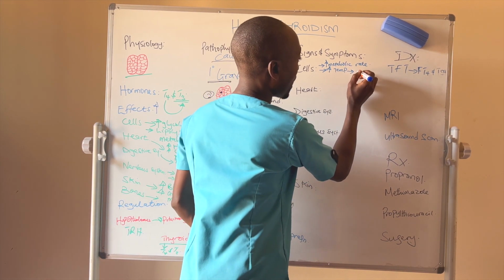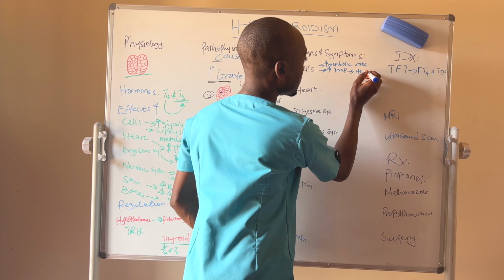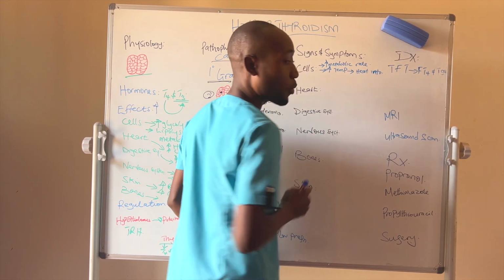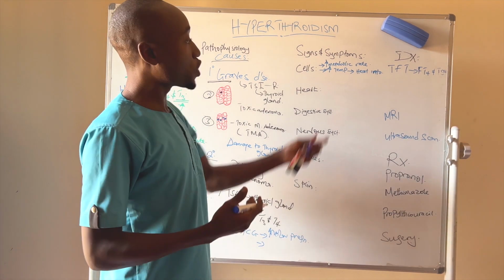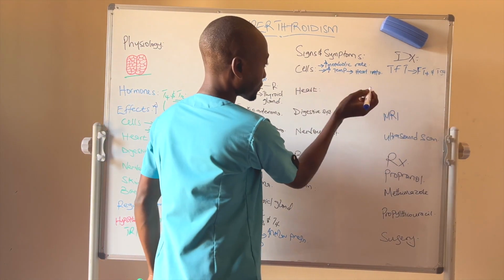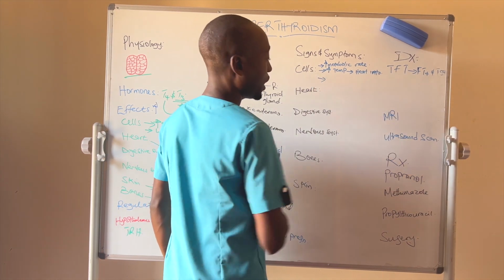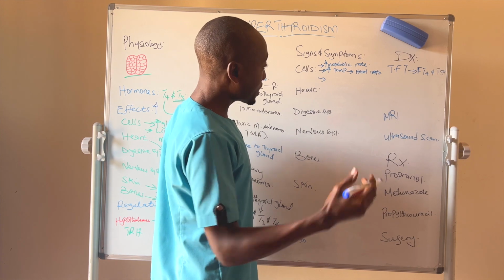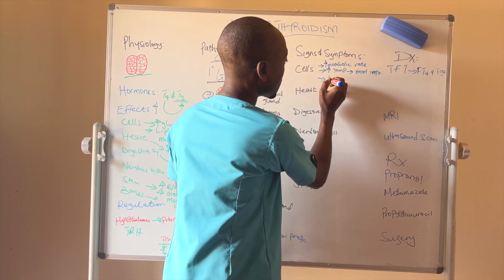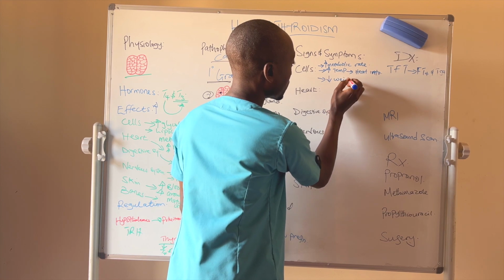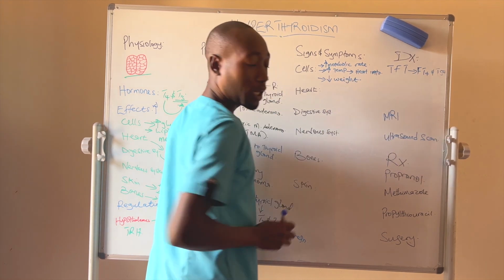And this person can also become heat intolerant, okay? Someone cannot tolerate heat because already is producing a lot of heat. Another thing is that this increase in lipolysis and glycogenolysis is going to lead to a decrease in weight.